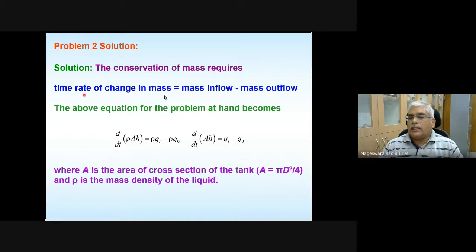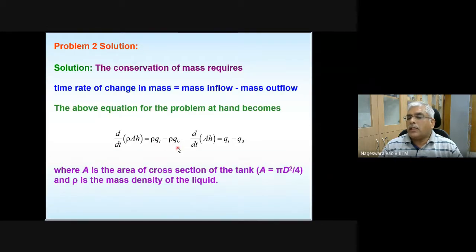So that is what this example is showing: conservation of mass. What is the mass inflow and what is the mass outflow? Mass inflow minus mass outflow is going to be the time rate of change in the mass. Time rate of change in the mass is nothing but mass density times the volume, the time rate of change.